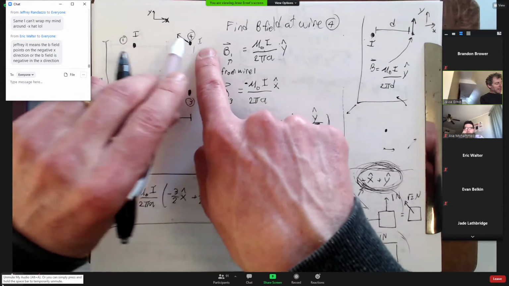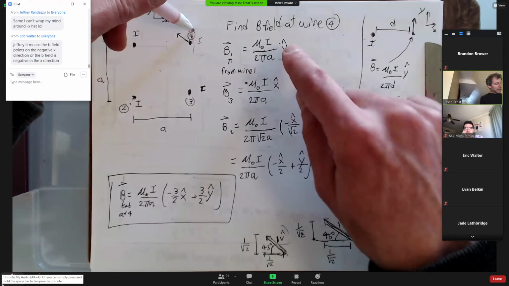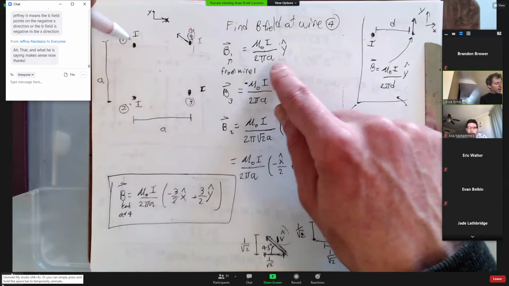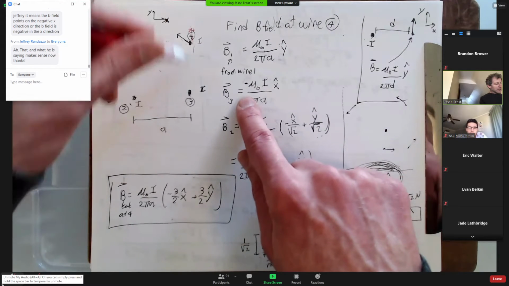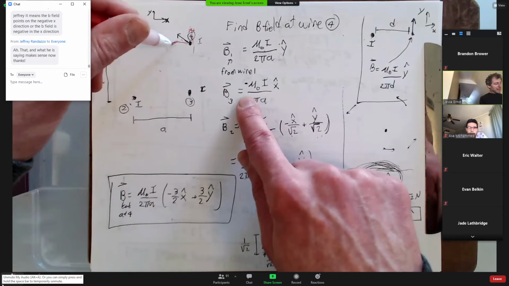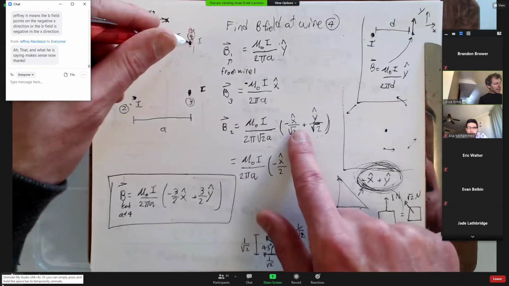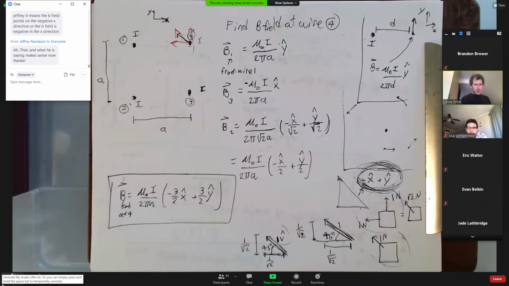So the B field here from this wire points that way. And that's where this Y hat came from. B field at this point from wire 1. B field at this point from wire 3 is this way, so it's minus X hat. And the B field at this point from this wire is this crazy direction, half and half. Okay, that makes more sense. Thank you. Okay, good.